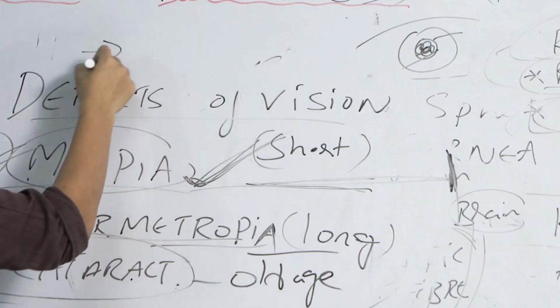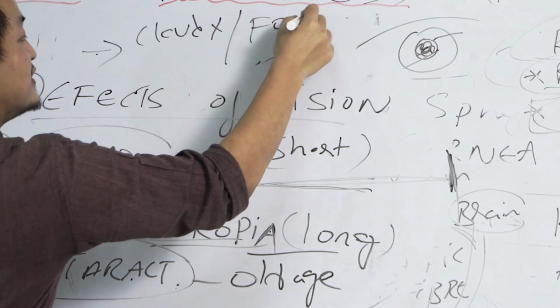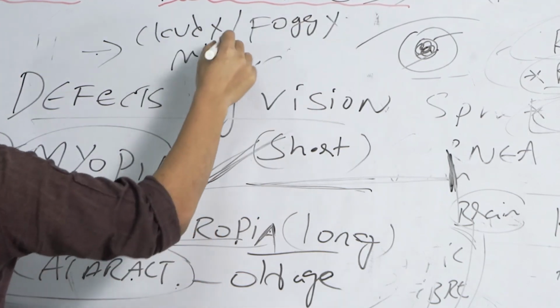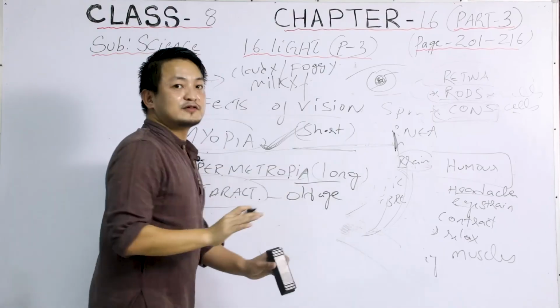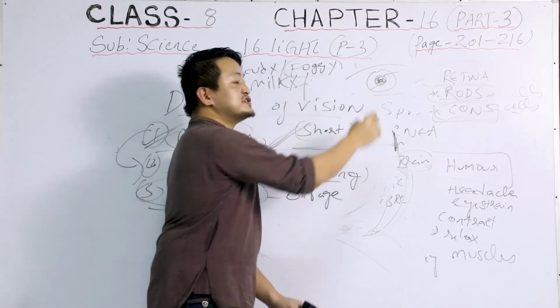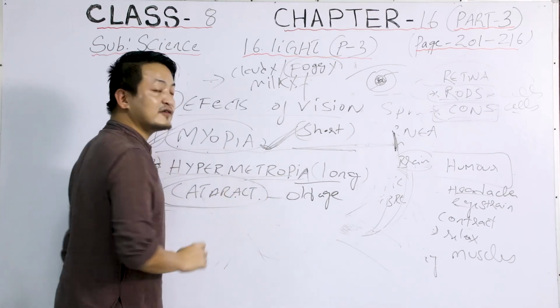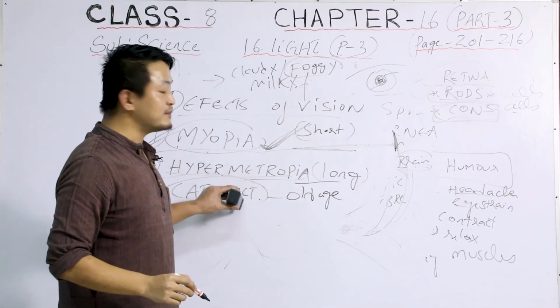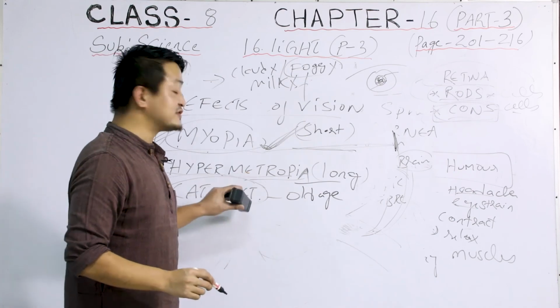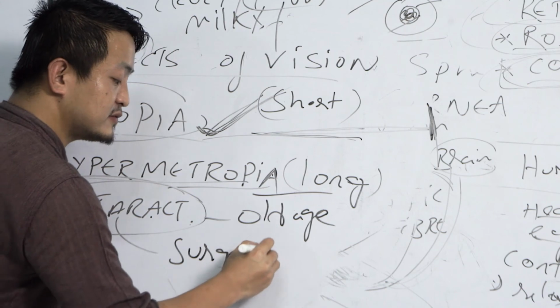Everything would look like, you have seen this foggy condition, right? The same thing will happen for those people who have cataract. So the only option for them is to have surgery. Surgery is the only option.